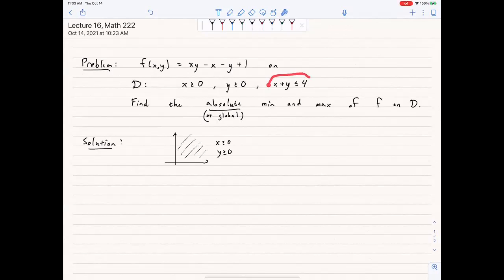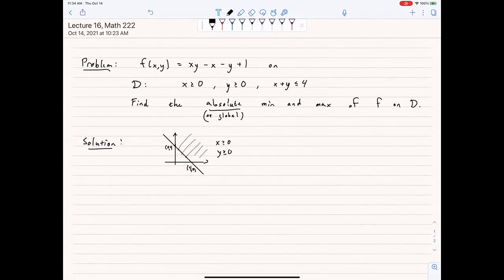So if we replace this inequality with an equality, that's right where we're just going to cross the threshold of the bound. So that's x plus y equaling 4, and that's a line of slope -1 with y-intercept 4. So we get this line here, something like this, and it's going through these points, (4, 0) and (0, 4).